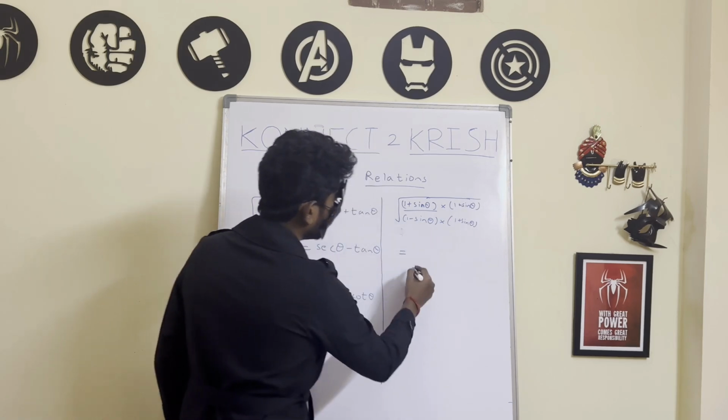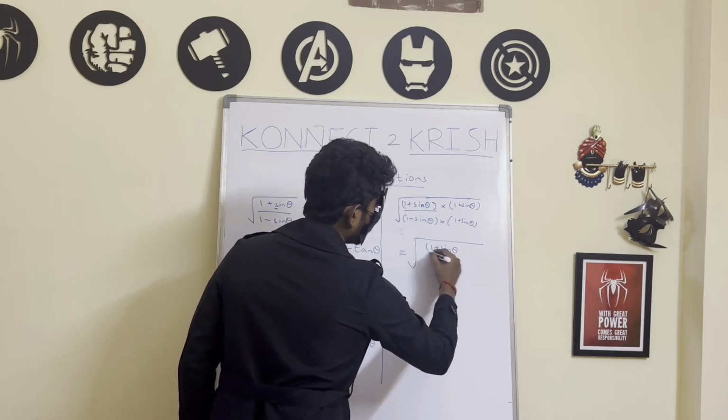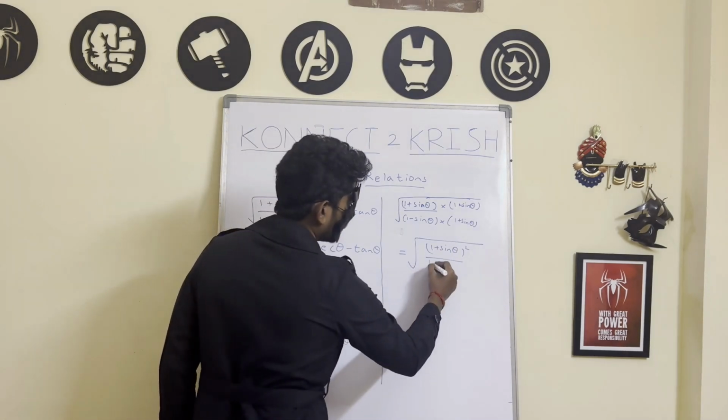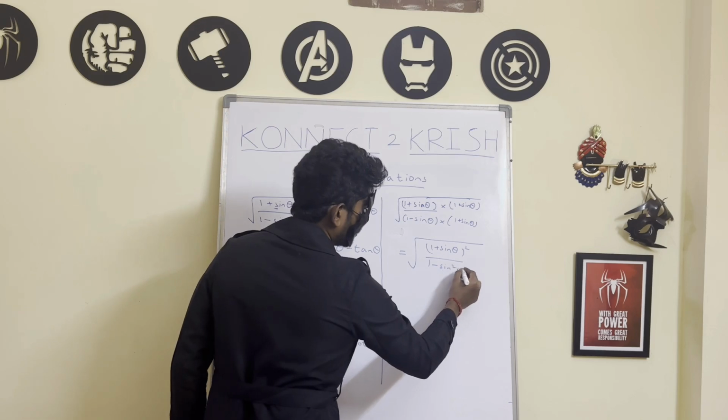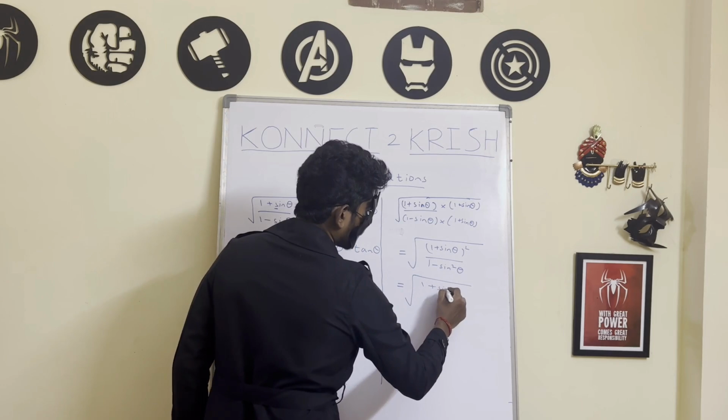So this will be nothing but square root of (1 plus sin theta) whole square by, a plus b into a minus b is nothing but a square minus b square, which will be 1 minus sin square theta. We already know that 1 minus sin square theta is nothing but cos square theta.